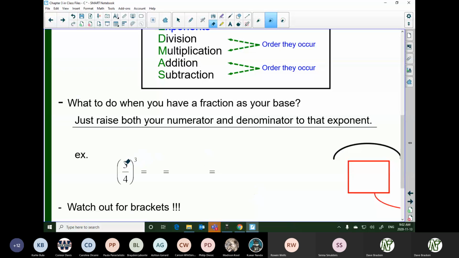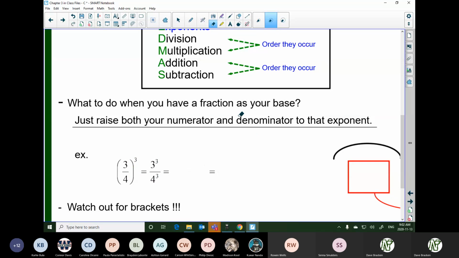So notice here, it's 3/4 raised to the power of 3. It's not just a number, but a fraction. So what are we going to do here? Both the top and the bottom get raised to the power of 3. So I can write this as 3 to the power of 3 over 4 to the power of 3.